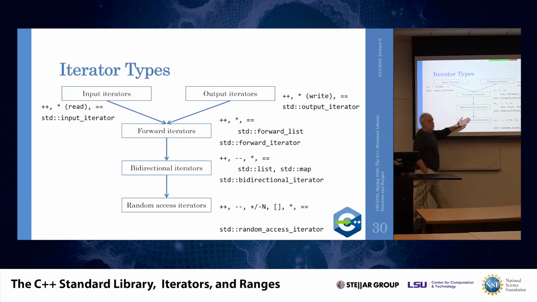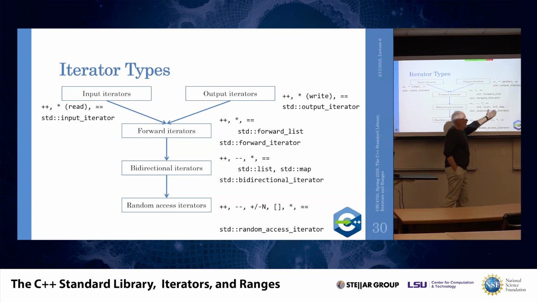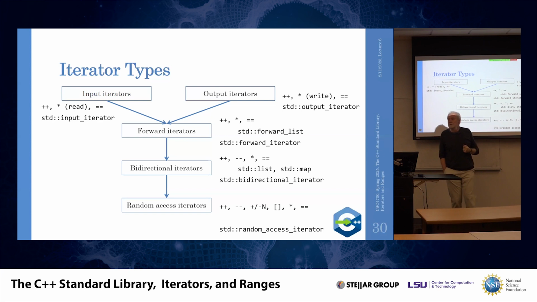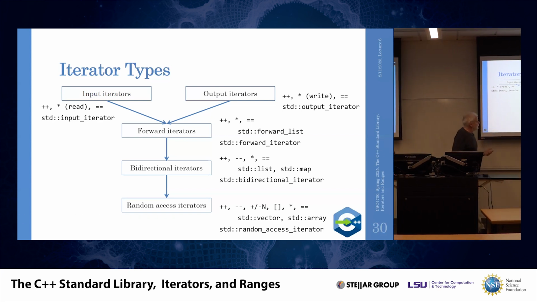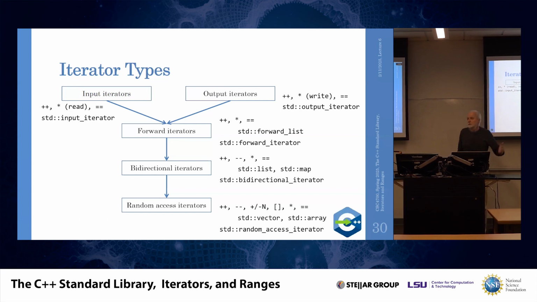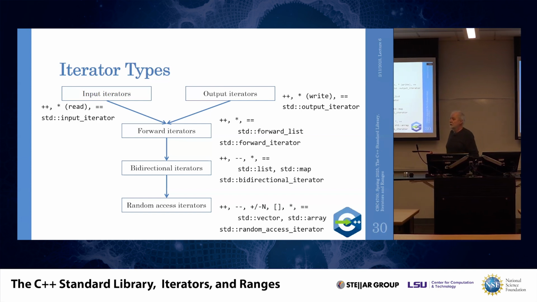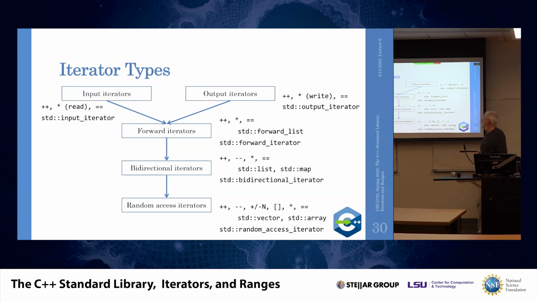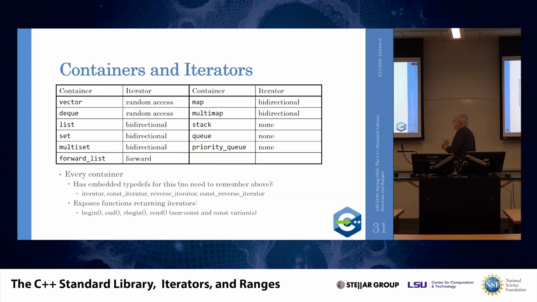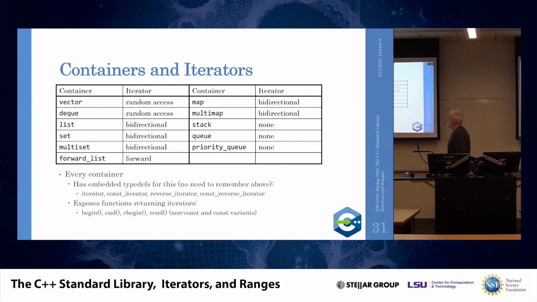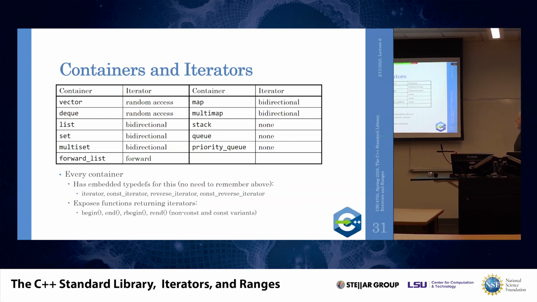Bidirectional iterators are lists, which are bidirectional lists. A map, a tree, is usually a bidirectional data structure because you can go backwards and forwards. And last but not least, arrays and vectors are random access because they represent a contiguous sequence of elements in memory. Here's just a table summarizing this to give you some idea which container supports which type of iterators.